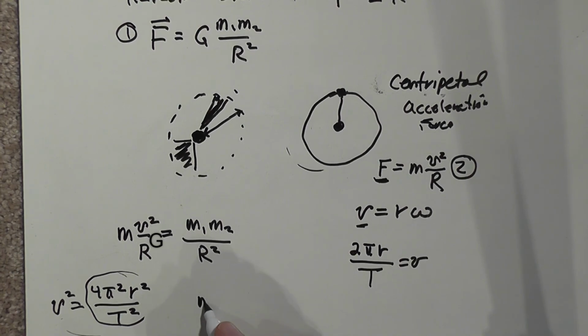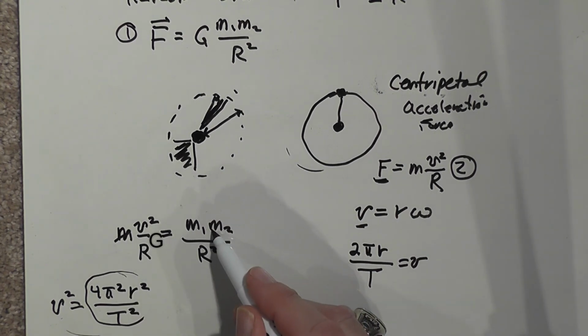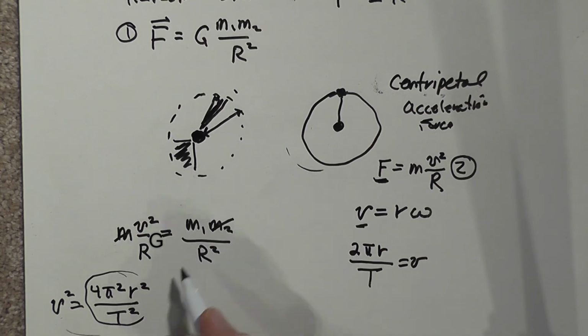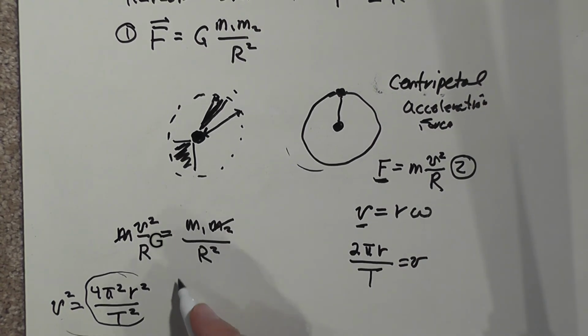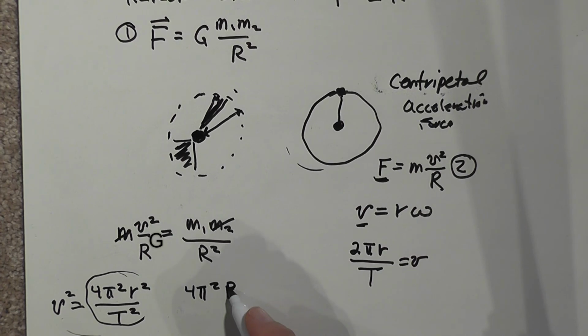So that's m, sorry, yeah, that's right. Let's get rid of the m, because we have an m on either side. So this becomes 4 pi squared R, let me use capital R on this one, squared.